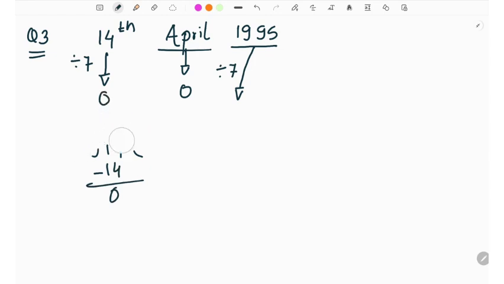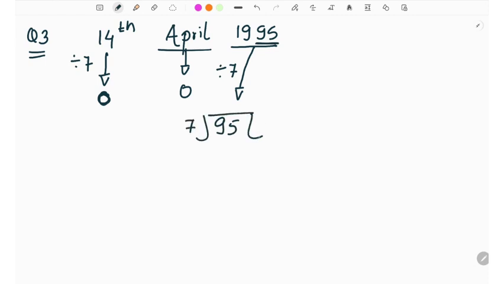Now divide 95, the last two digits, by 7. 13 sevens are 91. What is left, student? 4 is left. The remainder here is 4, and 4 is important because it's a remainder.